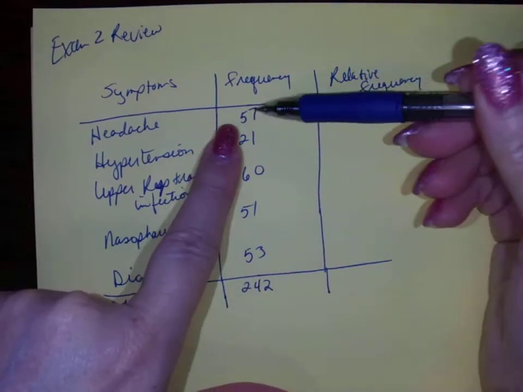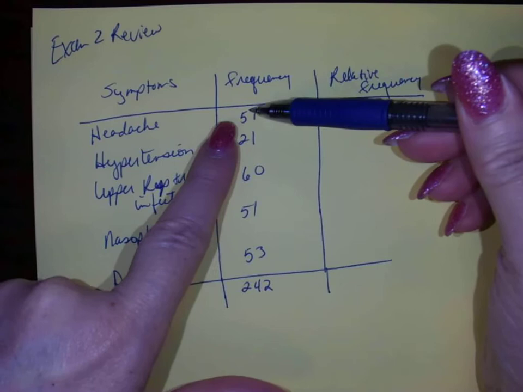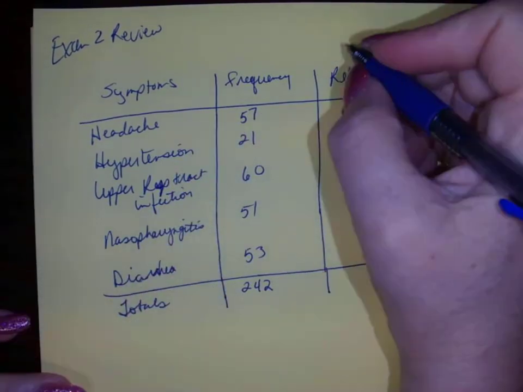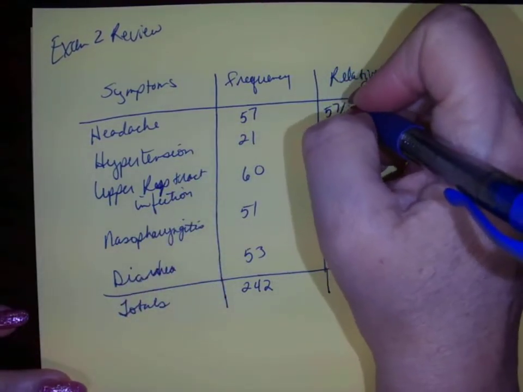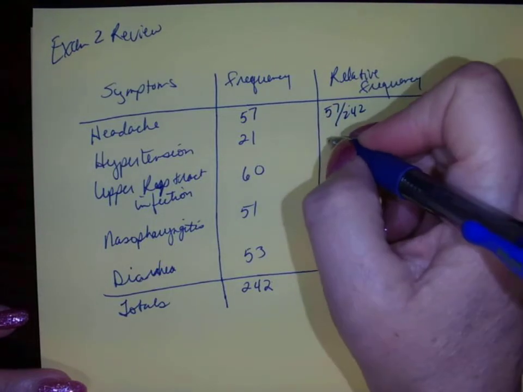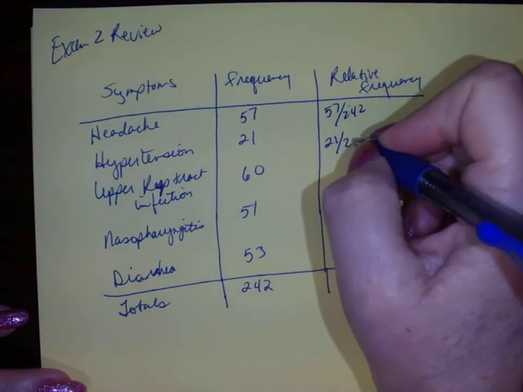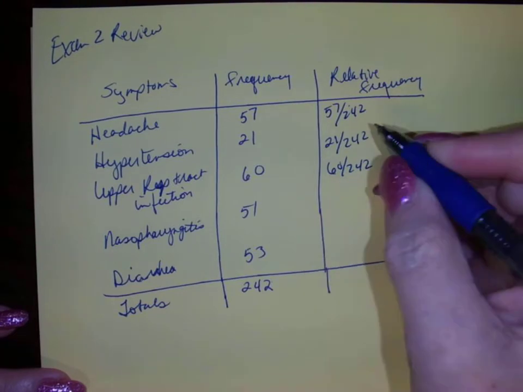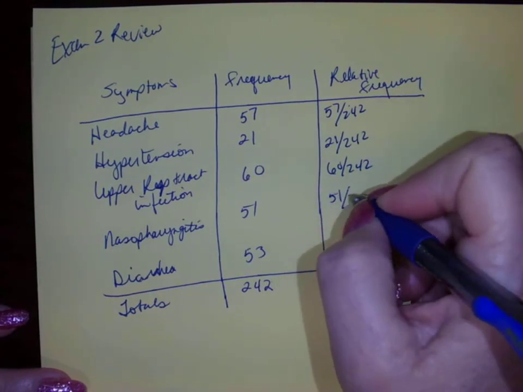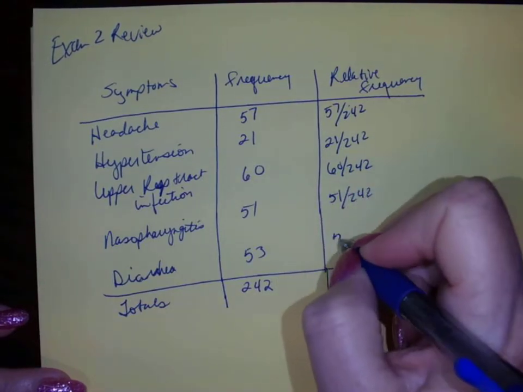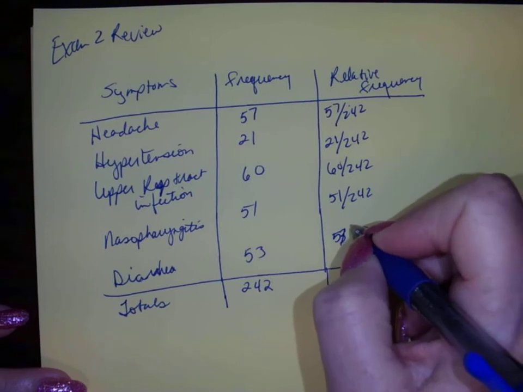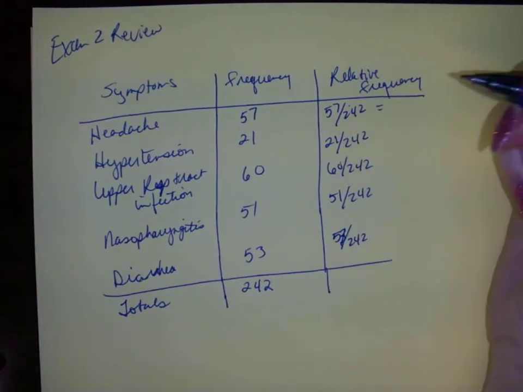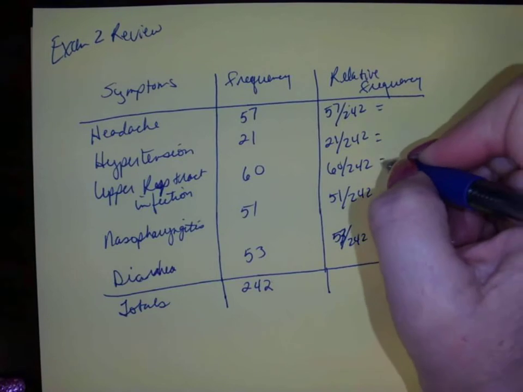If you recall, the relative frequency is how this frequency relates to the total frequency. So 57 out of 242. This one will be 21 out of 242, 60 out of 242, 51 out of 242, and 53 out of 242. Now, we want to change that to be a decimal to start with.